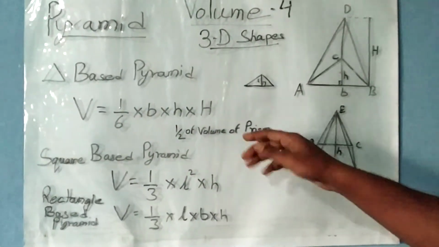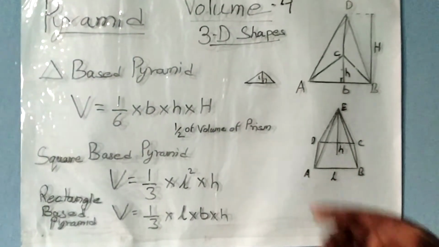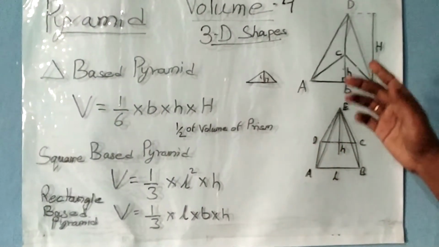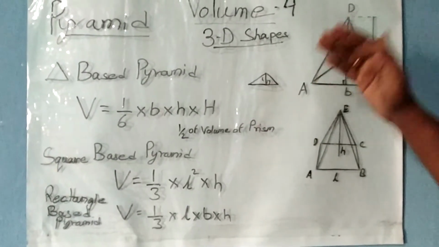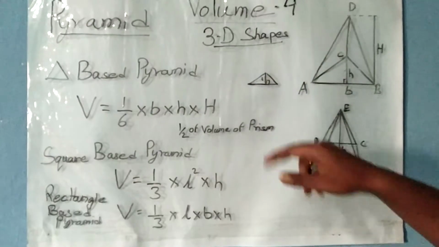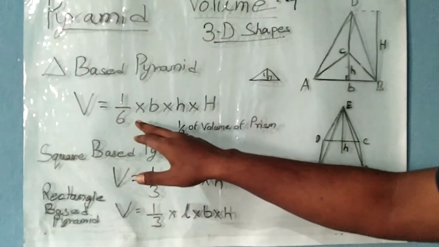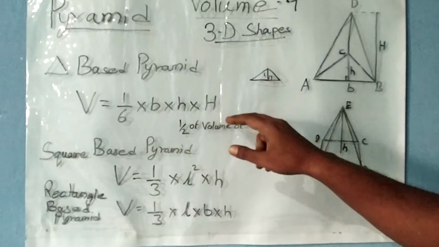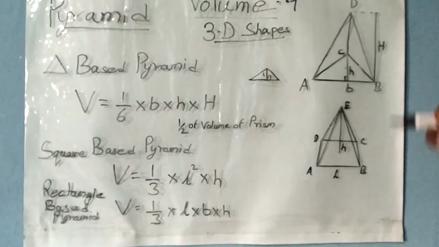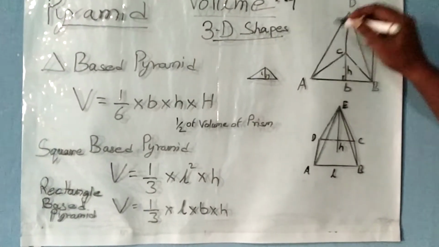Prism also we have discussed in the previous video, how to find the volume of the prism. So the volume of the pyramid is half of the volume of the prism. In that case also it was 1/3 into base into height into length.